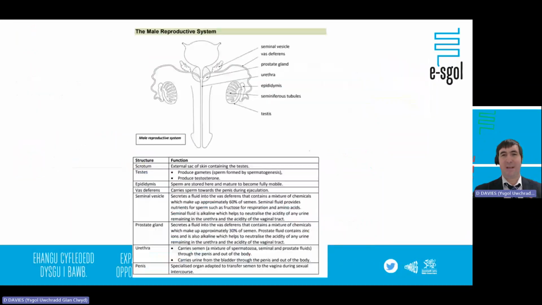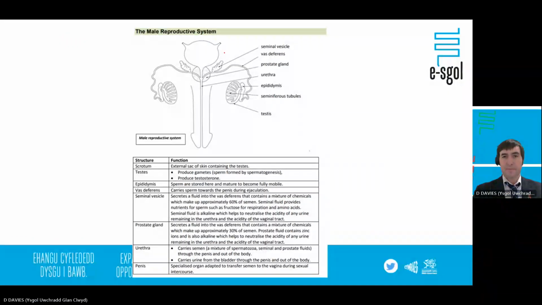The first part of the unit is basically structure and function. This is a matter of learning. If you stick this diagram in the 2/3 of your page, and then there's labeling, you need to make sure that you get that labeled correctly.